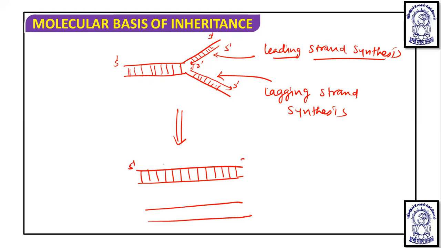One is 5' to 3' in direction. This is a newly synthesized strand, and this is 3' to 5' direction. So this synthesis will occur like this, in a 5' to 3' direction.